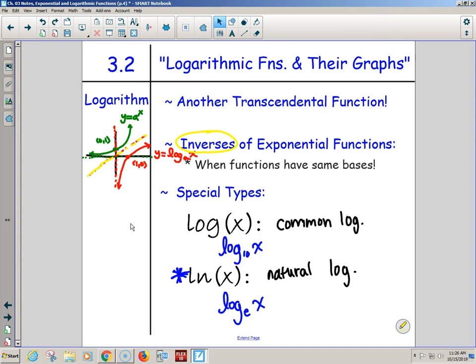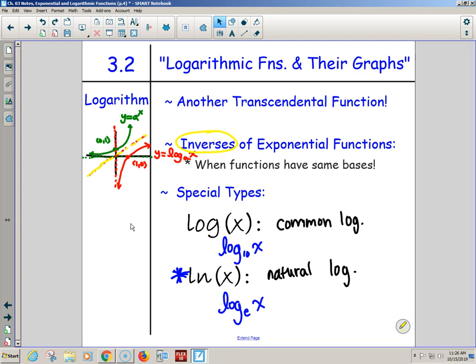So, exponentials swoop up. Logarithms swoop up differently. They both swoop up, right? You see it? They're both increasing. And how are they increasing? Where are exponential functions coming from? Exponential functions are coming from negative infinity going to positive infinity.